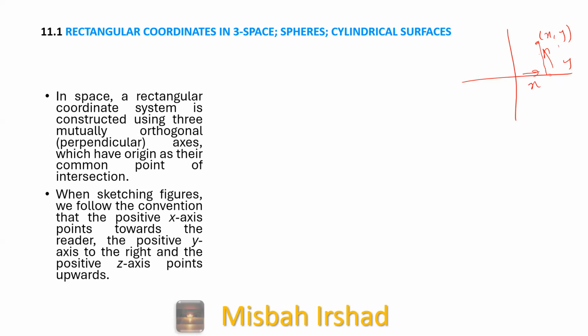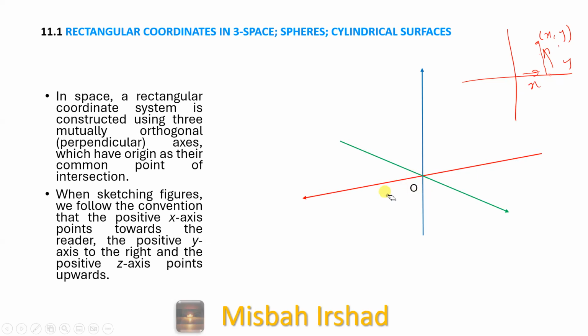So a point can be represented as x, y, z, where x is movement along the x-axis, y is movement along the y-axis, and z is movement along the z-axis. The three axes are mutually perpendicular, and the axes intersect at a common point called the origin, where x, y, z, all the coordinates are 0.